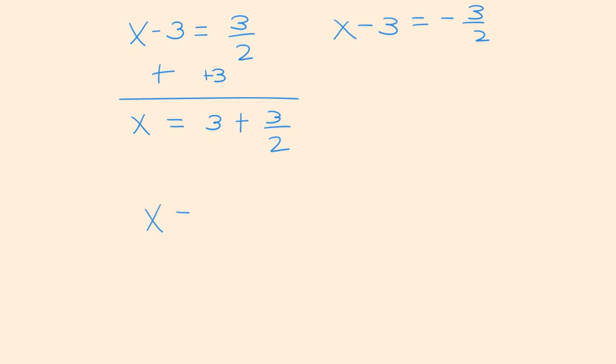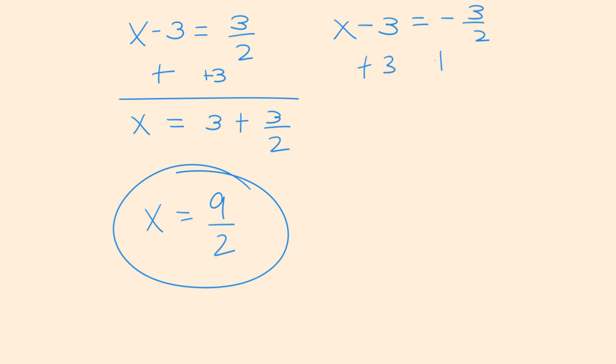Therefore, x equals, 3 times 2 is 6, 6 plus 3 gives me 9 over 2. It's my first x, correct? And my second one, I'm going to add 3 again. So I'm left with x equals 3 minus 3 over 2. 3 times 2 is 6, and 6 minus 3 gives me 3 over 2.